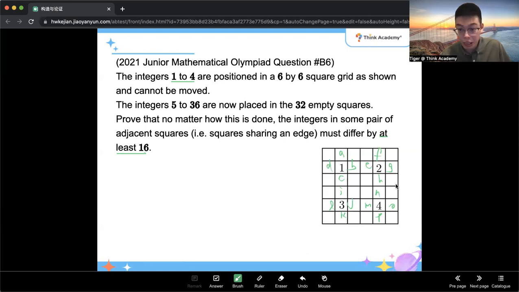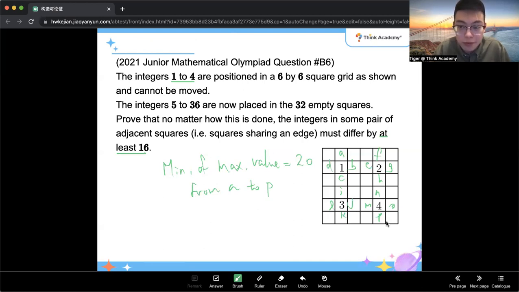And if I need 16 more numbers, the minimum of the greatest is 20, from A to P. Why? Because I need 16 more numbers apart from 1, 2, 3, and 4.